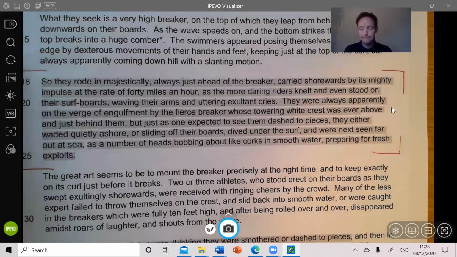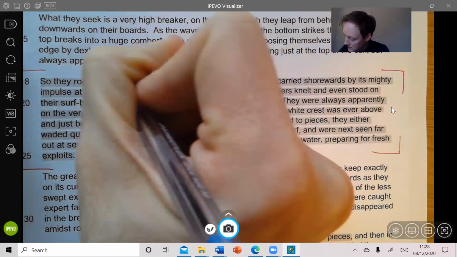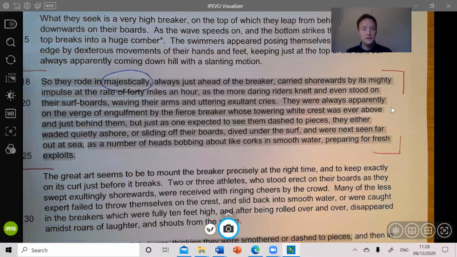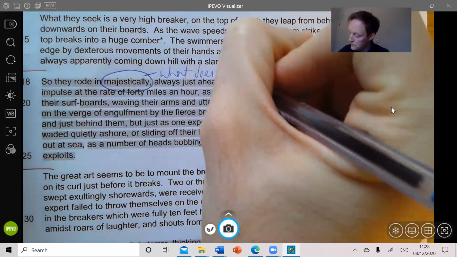So, the first one might be a word like this. So they rode in majestically. Now, when you're looking at words like this, what you're required to do is consider the following question.